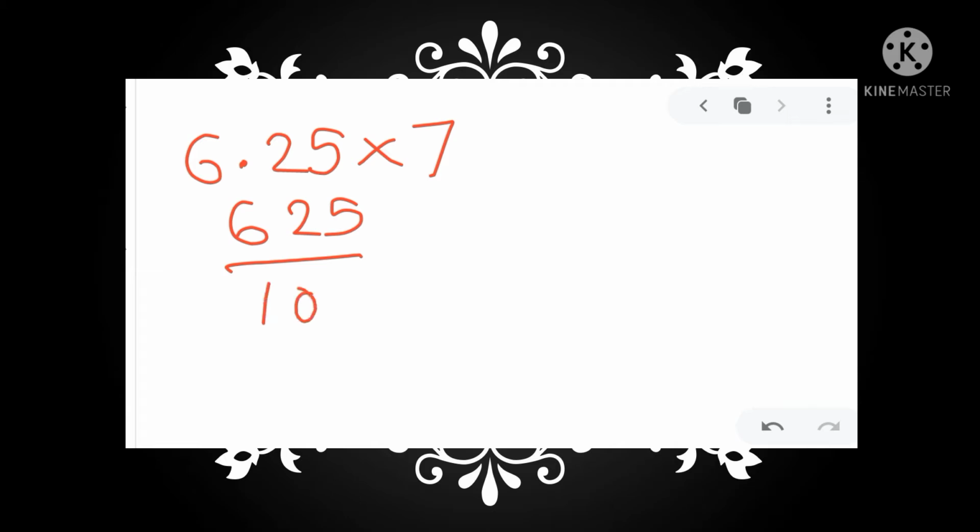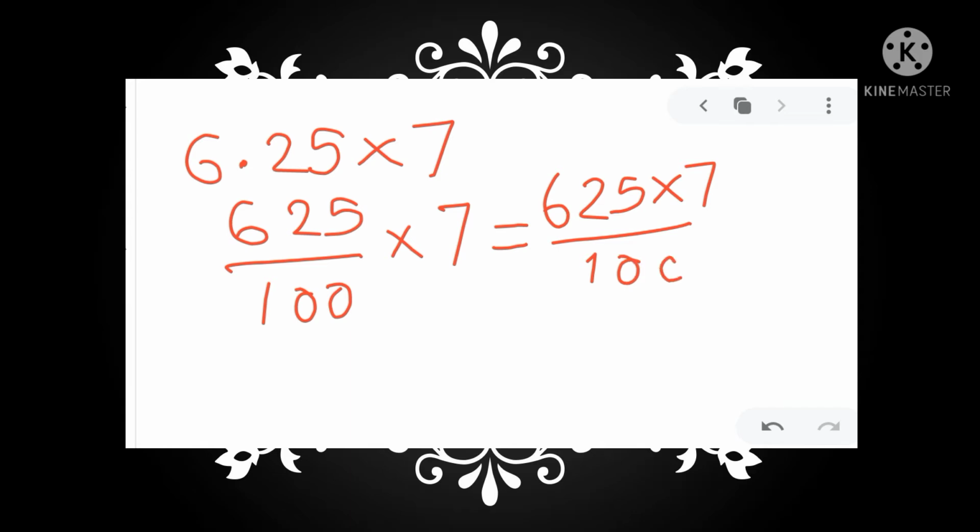Another one, 6.25 into 7. The same way we can rewrite 6.25 as 625 by 100 into 7. Multiply 7 and 625. That is 625 into 7 by 100.